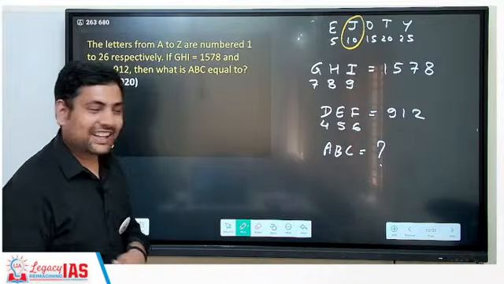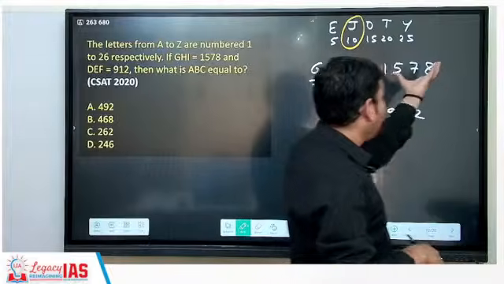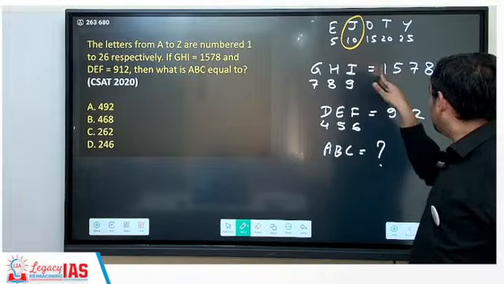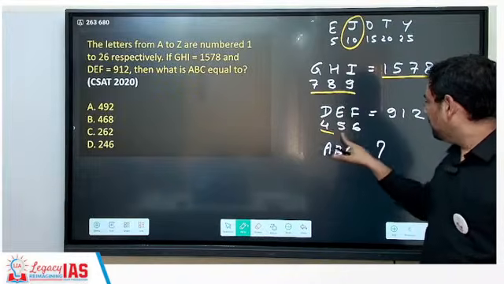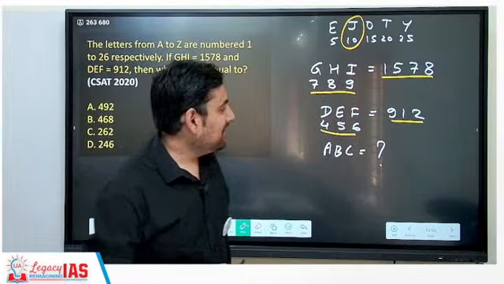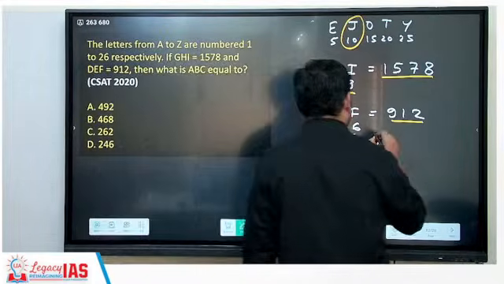Now, can you find the pattern between this and this? 7, 8, 9 and 1578. 4, 5, 6 and 912. Can you see a pattern? The pattern is actually fairly simple.